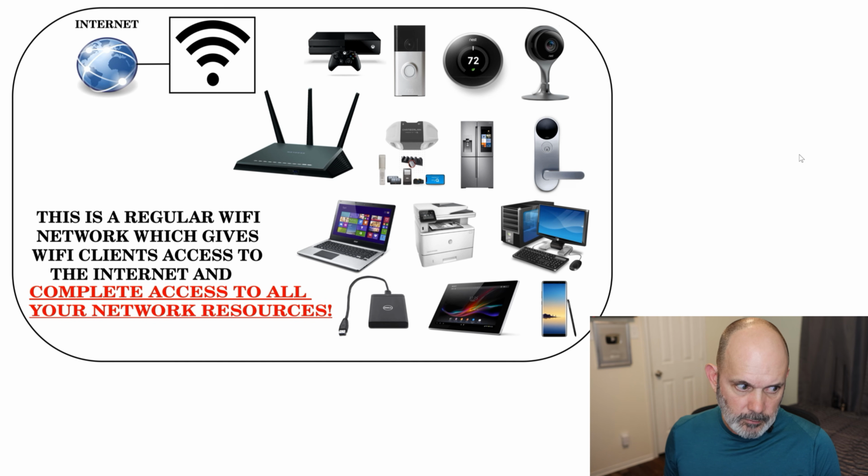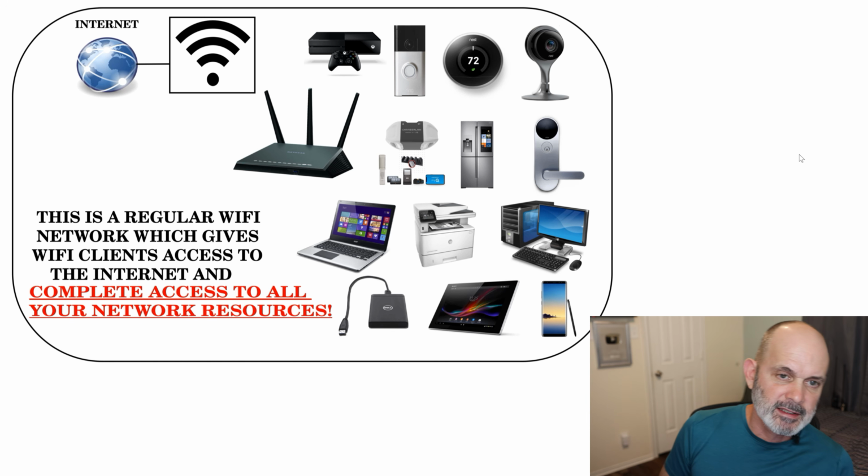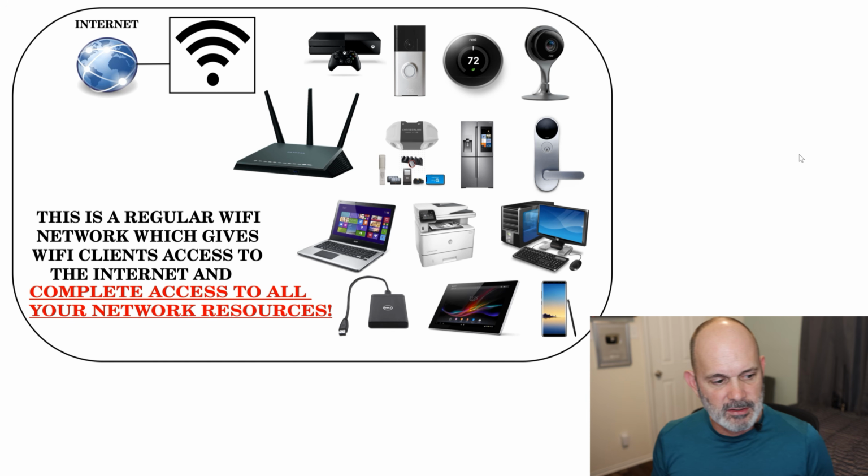Now, what I'm showing you on this screen is a regular network, and that's what I have right now, and what probably most people at home currently have, because as far as I can see, most people don't use guest access. This is regular network access, which gives clients access to the internet and complete access to your network, which is what you want, right? I mean, you've got Wi-Fi at home and you've got a network at home because you want to access it.